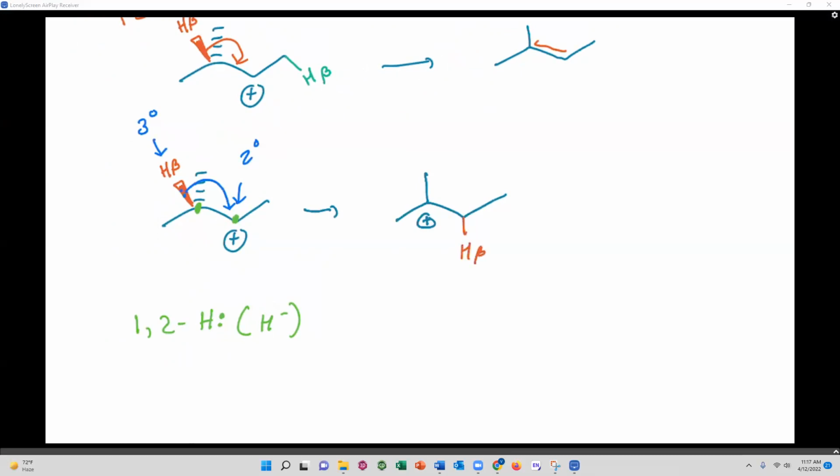Okay, and so now this carbocation can undergo the series of elimination reactions. And so what we're going to see is when you have a secondary carbocation that can rearrange, you're going to see the formation of products that may have happened before or after.